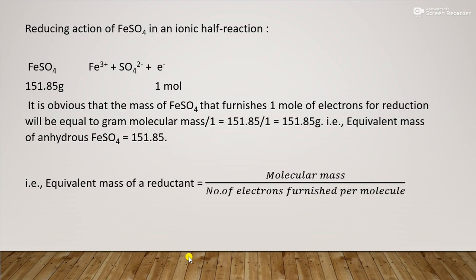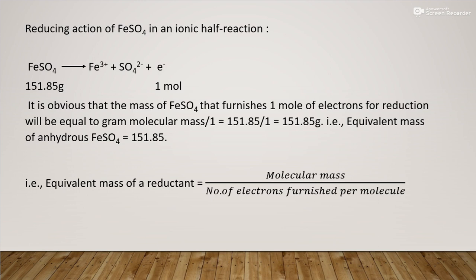So in the case of the reducing action of FeSO4 in the ionic half reaction, Fe2 plus gives Fe3 plus plus an electron. So it is obvious that the mass of FeSO4 that furnishes 1 mole of electrons for reduction will be equal to gram molecular mass by 1, that is 151.85 divided by 1, equal to 151.85 gram.